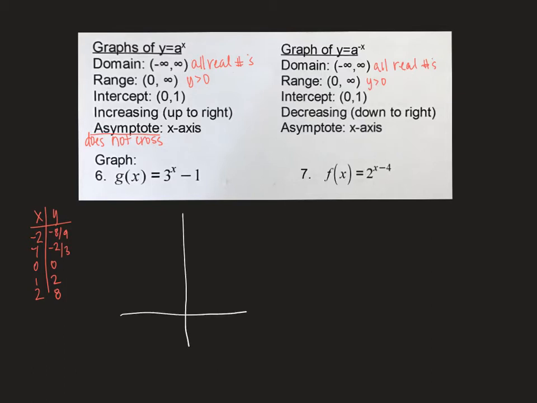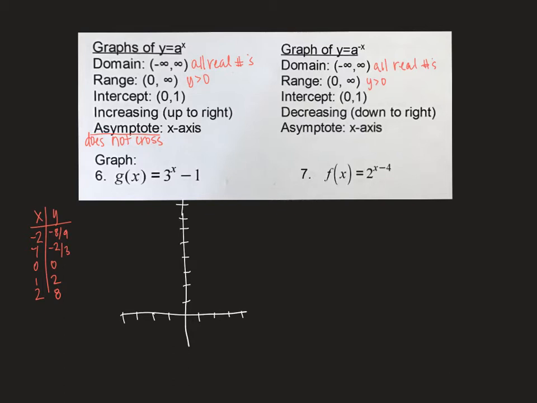you'll notice that it's going below the x-axis this time, and that's because of that minus 1. So that minus 1 is shifting that entire graph down 1 unit.